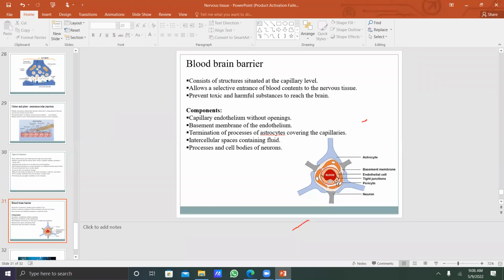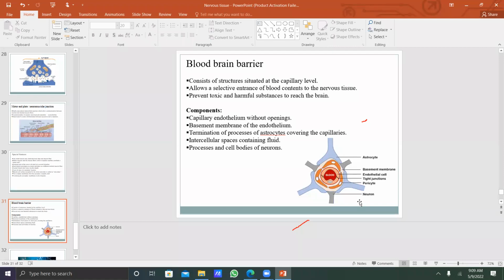And then the basement membrane of the endothelium. And the terminal processes of astrocytes covering the capillaries. These capillaries are covered by the terminal processes of the astrocytes.